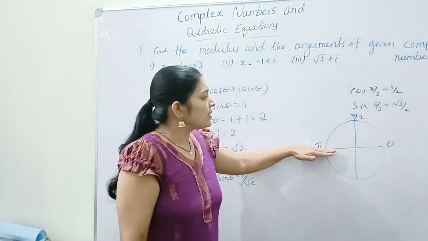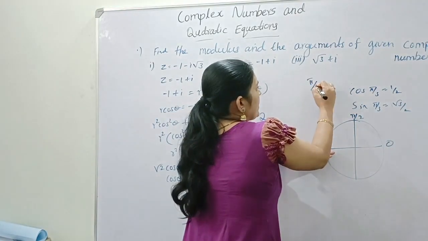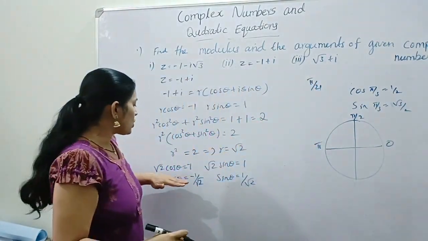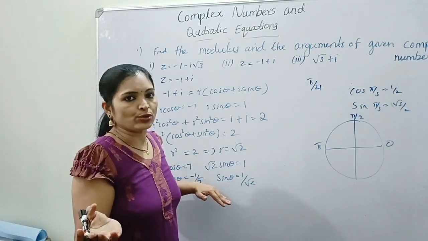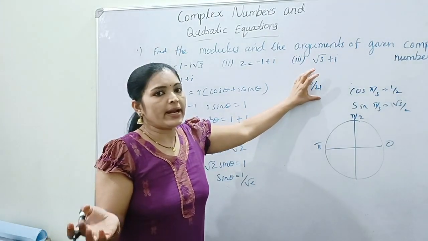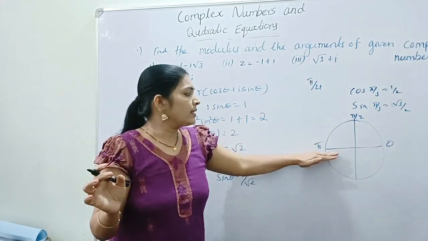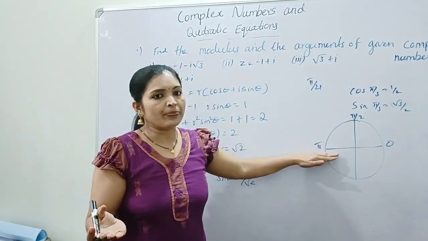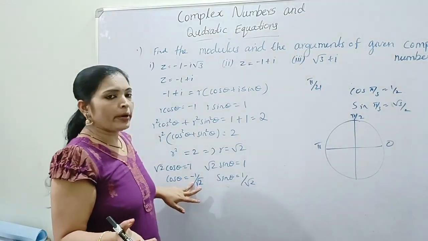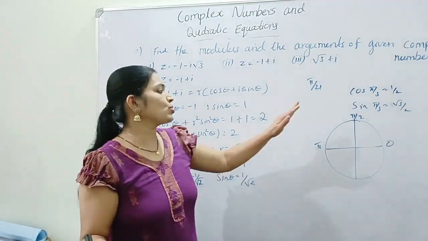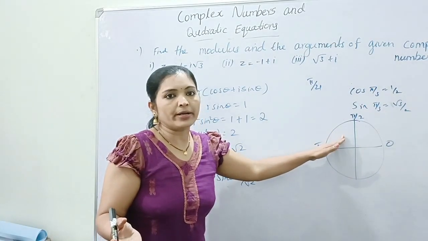See, our angle is pi by 4. We know that cos pi by 4 is 1 by root 2 and sin pi by 4 is 1 by root 2. Therefore our standard angle is pi by 4. Then next, what is the value of theta? Cos is minus 1 by root 2, sin is plus 1 by root 2, so theta lies in the second quadrant.